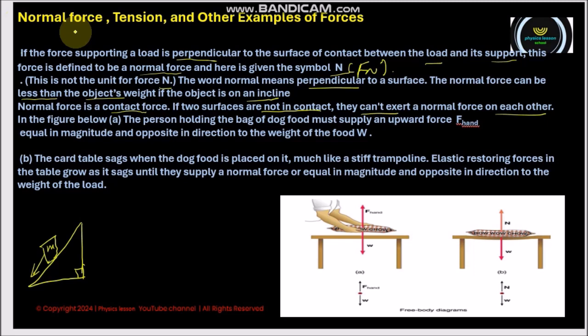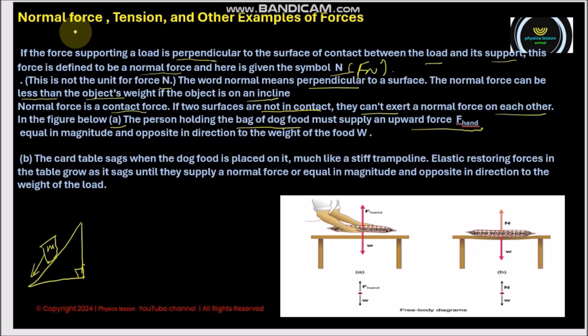In the figure below, under A, the person holding the bag of dog food must supply an upward force. Let's say upward force F hand. Look, this person is holding the dog food, and when holding this food, the hand exerts a force upward, like this.